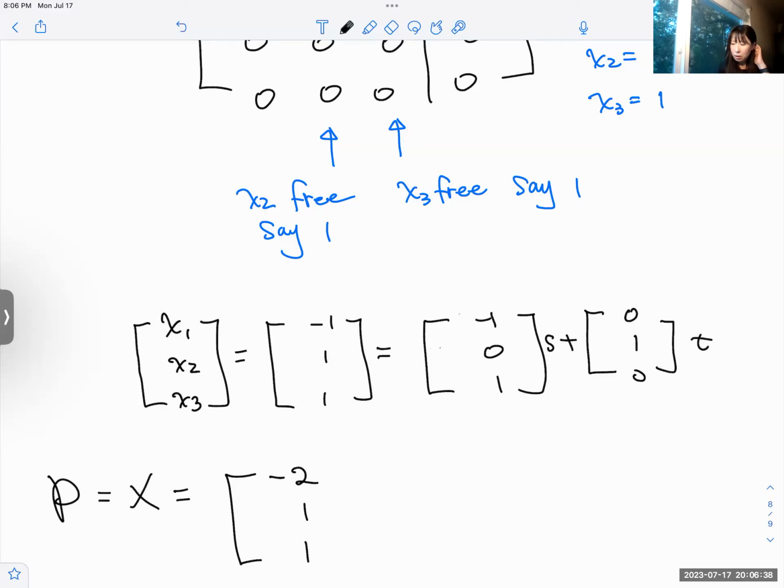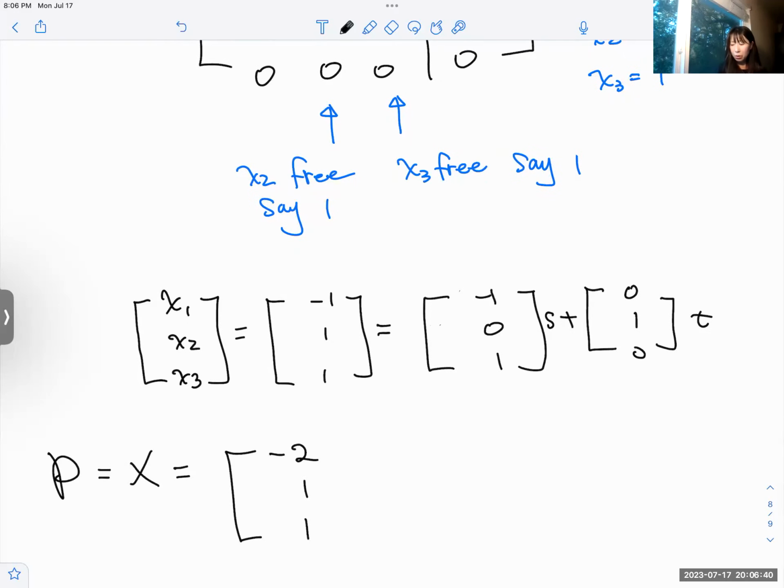Yes, correct. So we are using -1, 0, 1, 0, 1, 0, right?